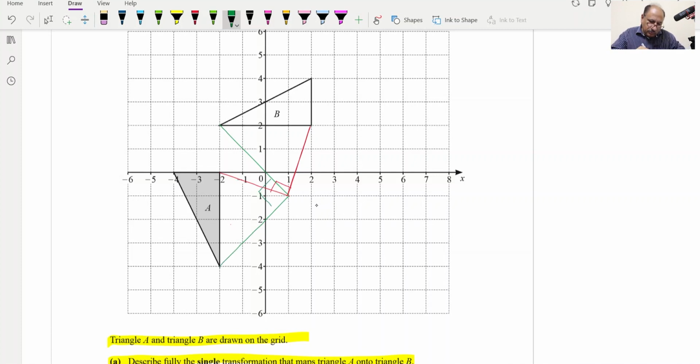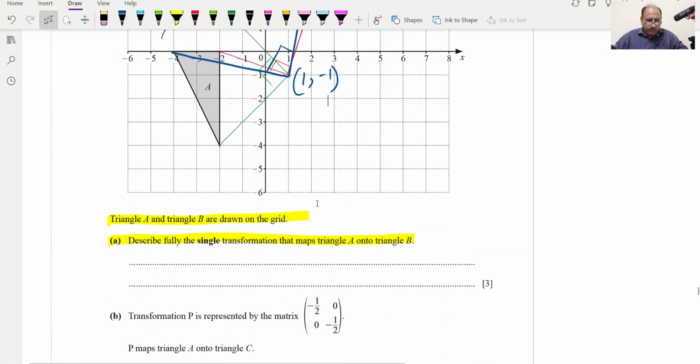This green one is also 90 degrees, and we can check even the last one also, and this one will also be 90 degrees. So it is a 90 degree rotation clockwise about this point, and the coordinates of the point are 1 and -1.